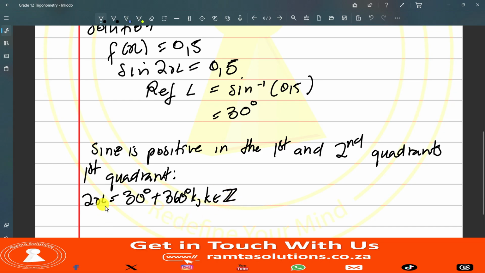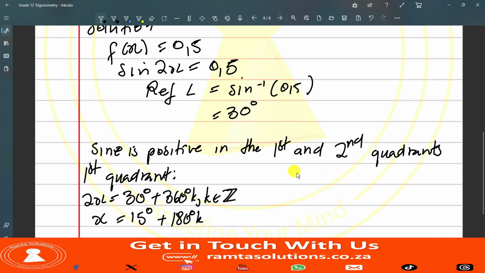Right? We are not looking for 2x, but rather for x. So x equals 30 divided by 2 is 15, plus 360 degrees k divided by 2 is 180 degrees k. So this is sort of a general term for the first quadrant.